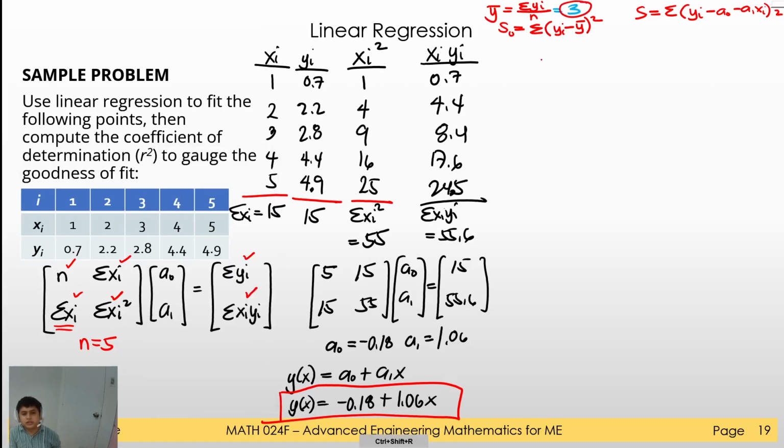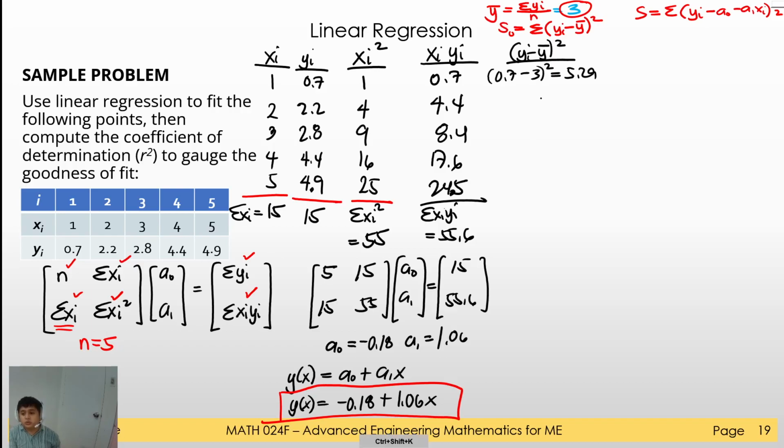So we can use this to find yi minus y bar and then squared. We can just do this directly. To make things faster, we can just subtract from each yi the 3. So we have 0.7 minus 3, and then squared. So this will be equal to 5.29.